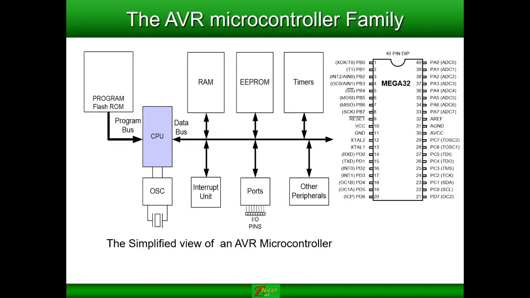We have our RAM, EEPROM, timers, interrupt units, ports, and other peripherals connected to it. The ports have all the input output pins. We have four types of port here: A, B, C, and D, and each has eight pins, which can be used for different purposes.